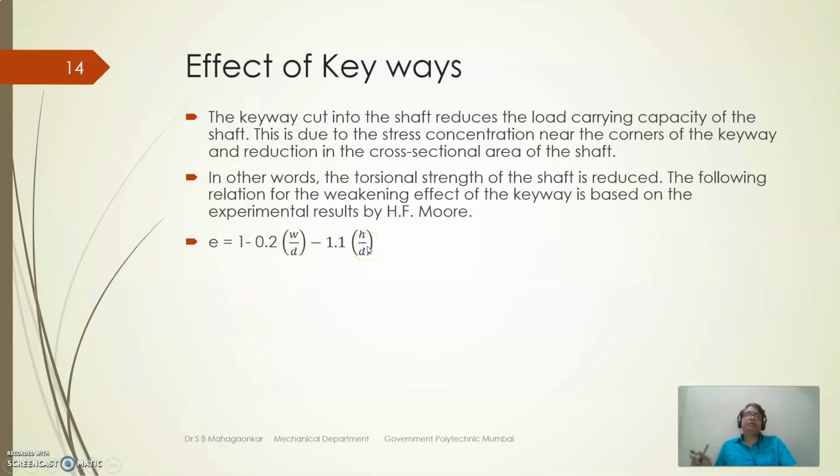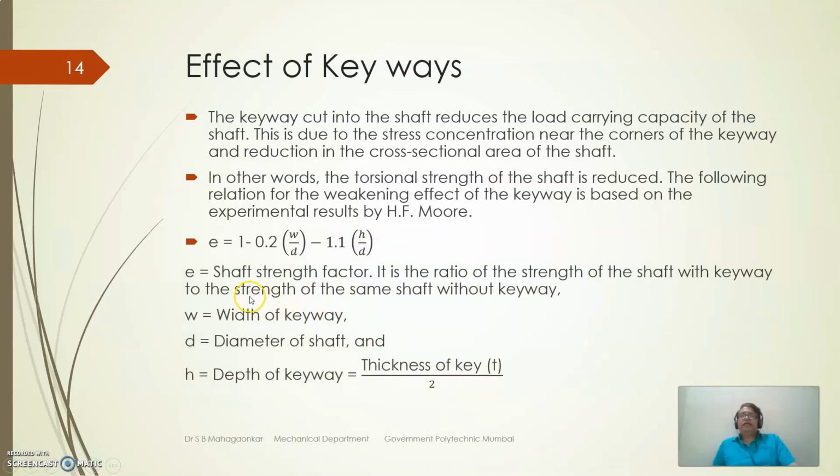He derived it experimentally. E is equal to 1 minus 0.2 into W upon D, where W is the width of the key, minus 1.1 into H upon D, where H is the height, that is nothing but the thickness T. Here E is the shaft strength factor.